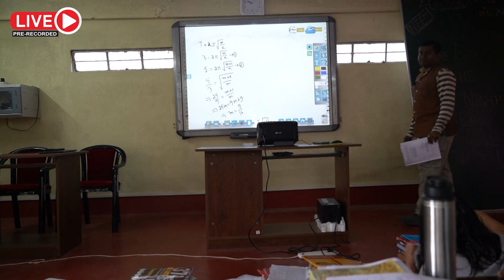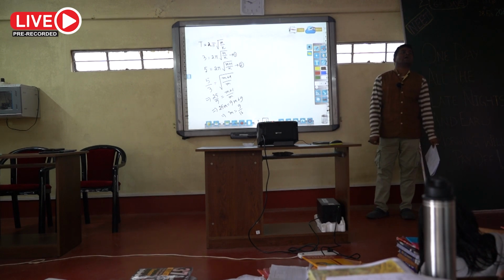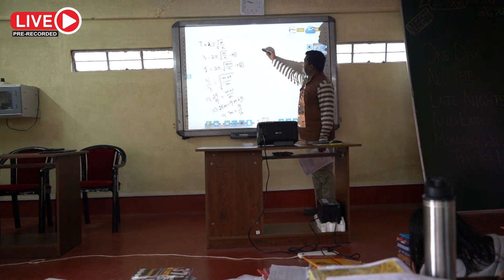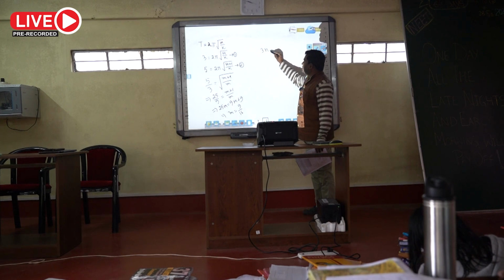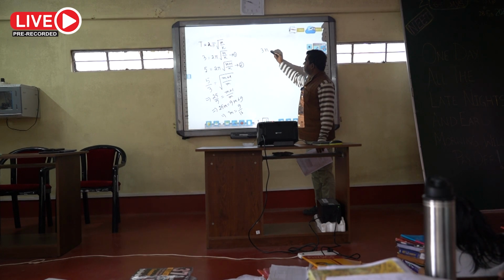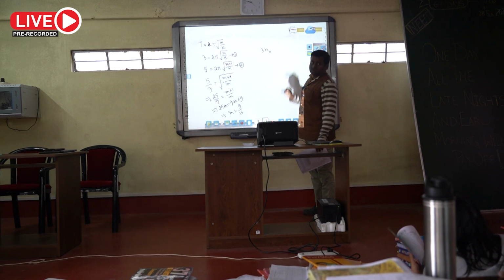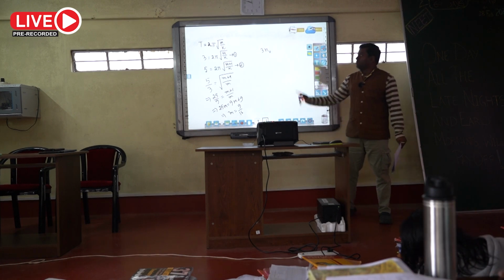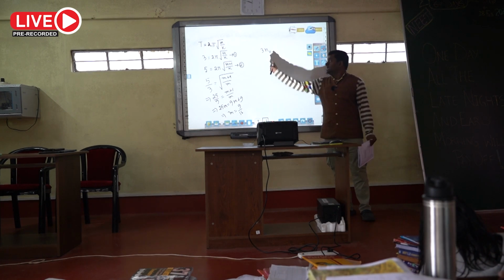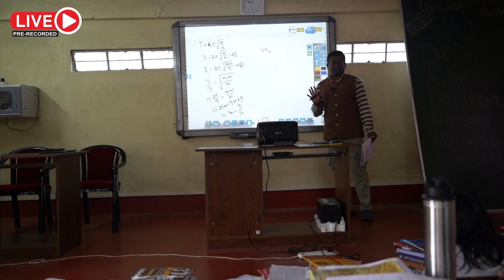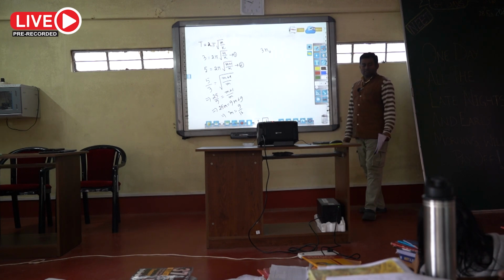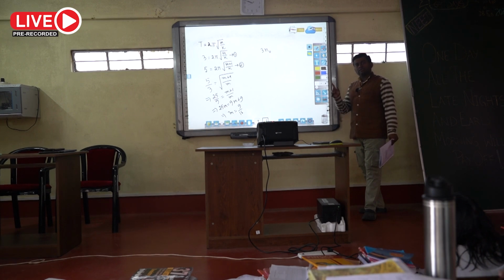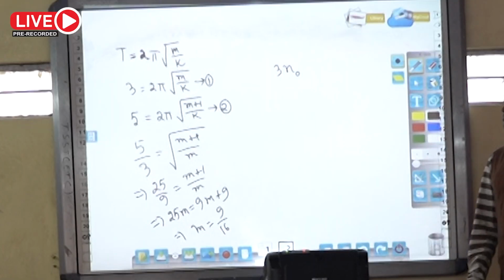In an open organ pipe, second overtone means third harmonic, that is 3n0. For the open pipe, I consider n0 as the fundamental frequency, where the subscript 0 stands for open pipe. Second overtone means third harmonic, because n, 2n, 3n, it goes like this.